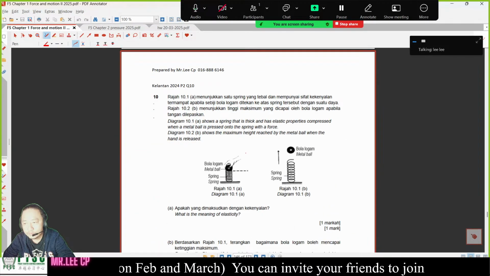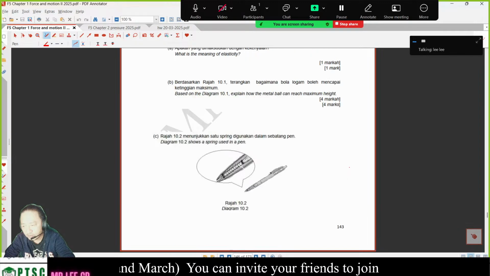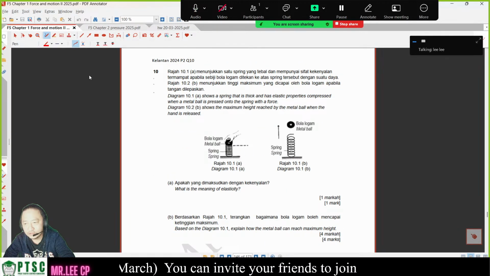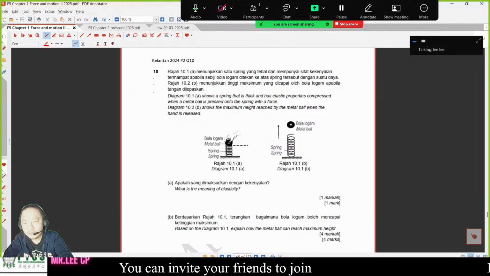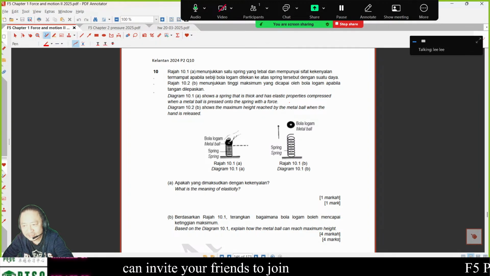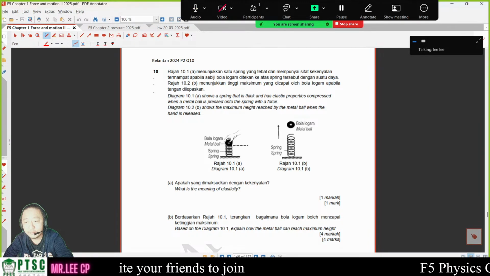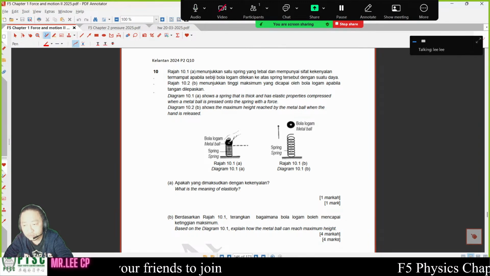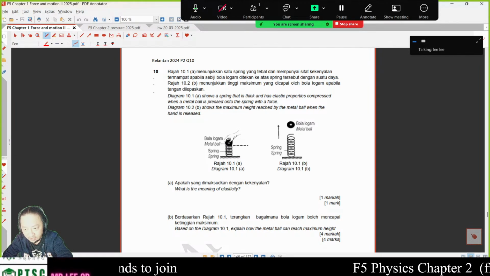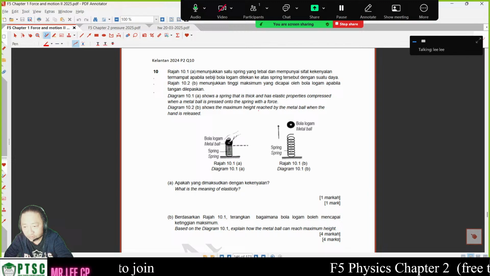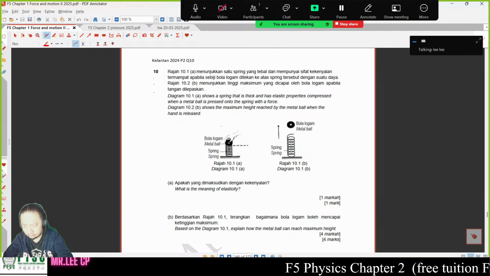Okay, we start from page 143. Now we look at the question. Diagram 10.1 shows a thick spring that has an elastic property, compressed when the metal ball is pressed onto the spring with a force. Diagram 10.2b shows the maximum height reached by the metal ball when the hand is released.